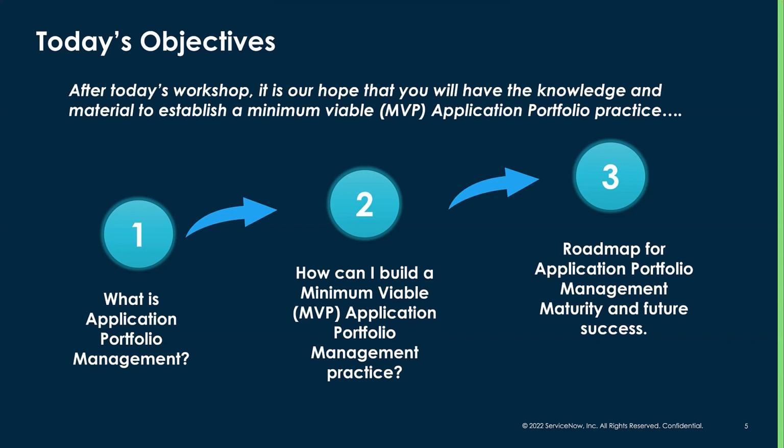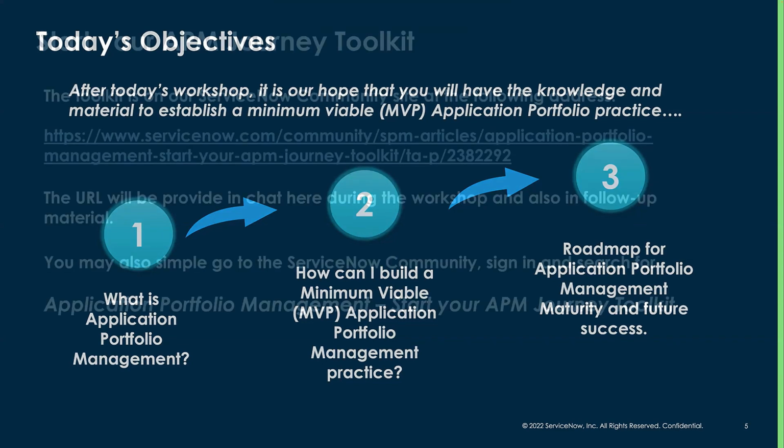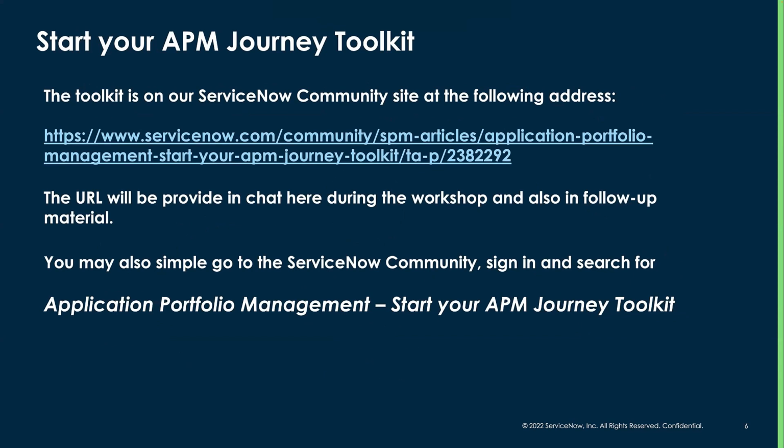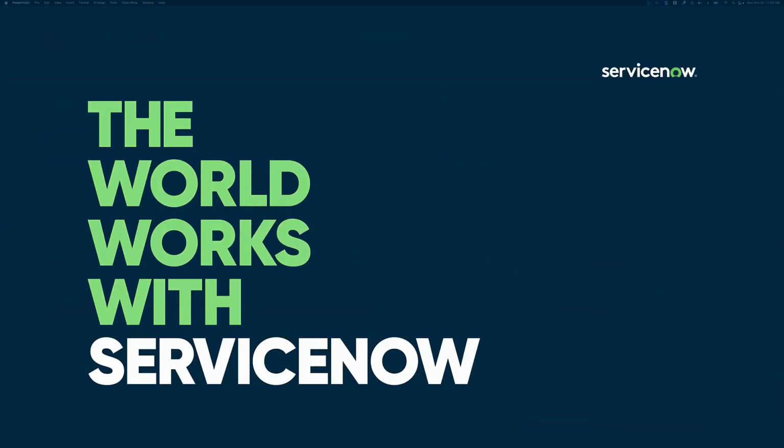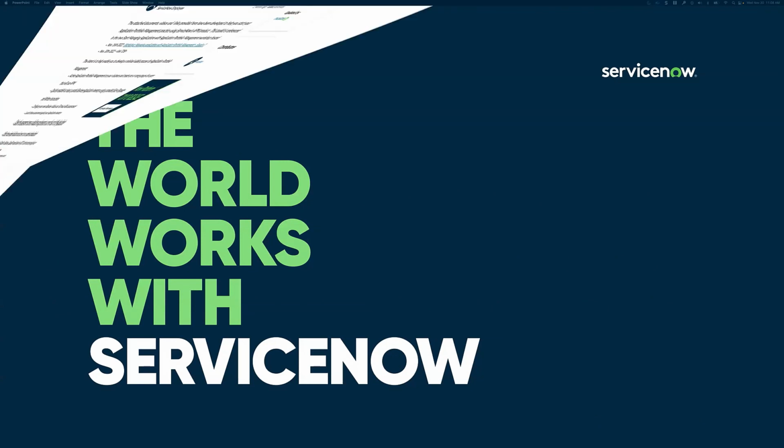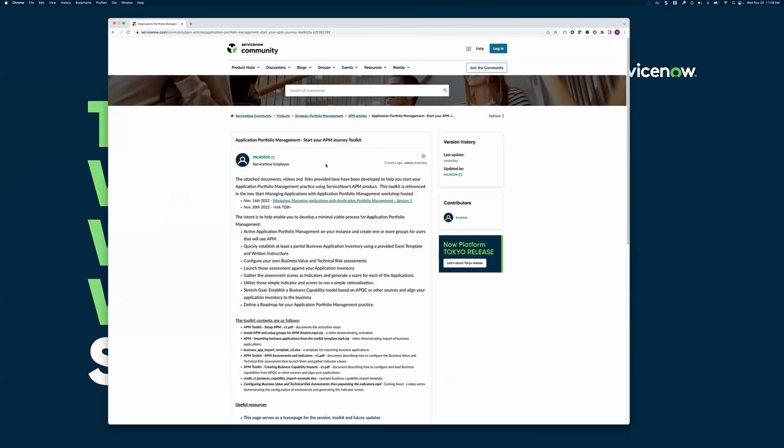A part of what we're providing today, besides this workshop, is a toolkit. It's up on the community. You see the URL there. We will be posting this URL to the community page. Let me show you the site. Here's our homepage for our start your journey.